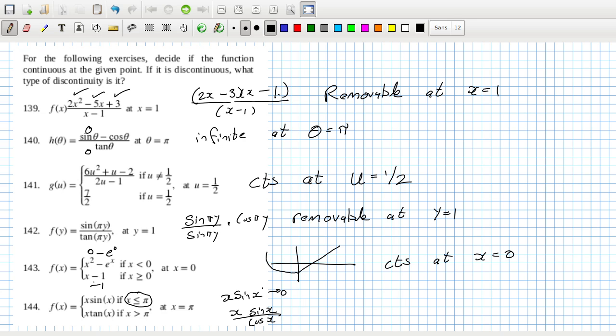That is interesting indeed. That's also going towards 0. That's a funny one now. Why have they got that one there? This looks like it's continuous at x equals pi.